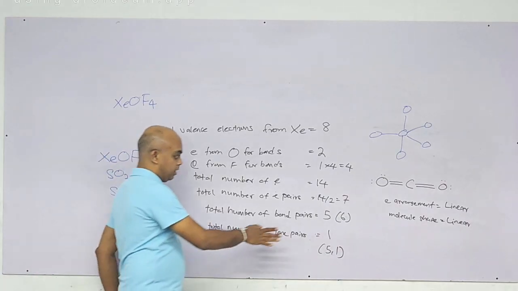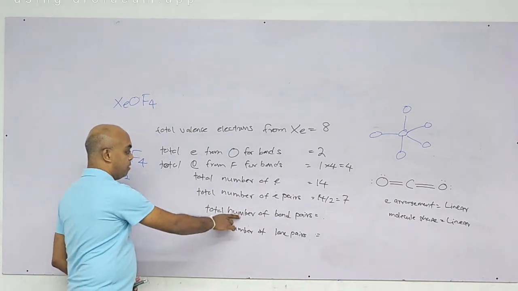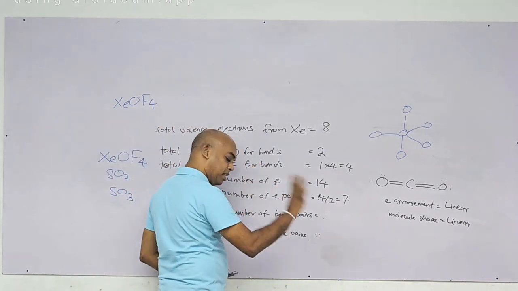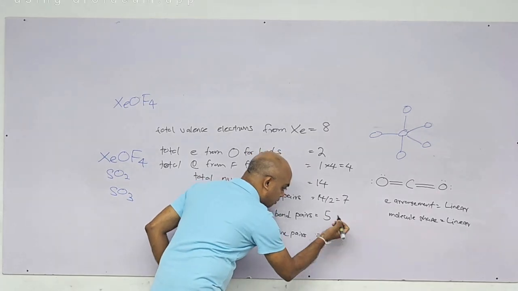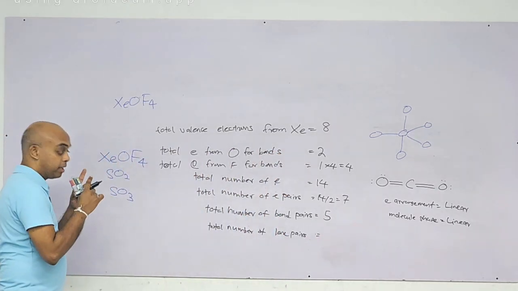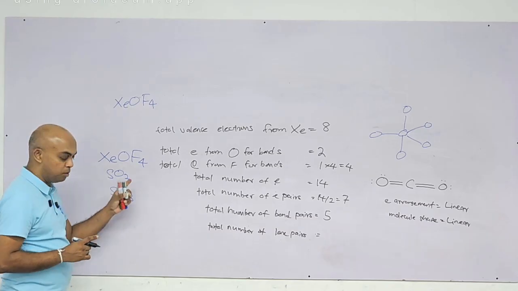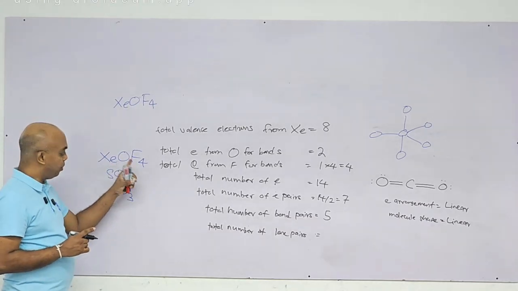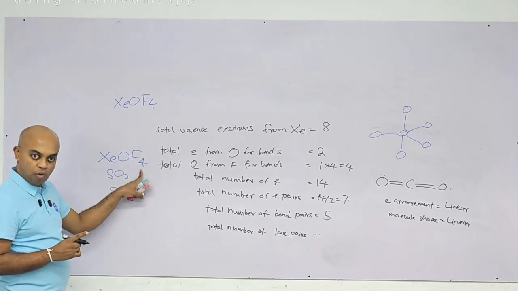Let me explain like this. Total number of bond pairs, by considering only the terminal atoms we put 5. The consumption will be decided based on how much each atom is consuming. Oxygen is consuming 2, and the 4 fluorines will be consuming 4.